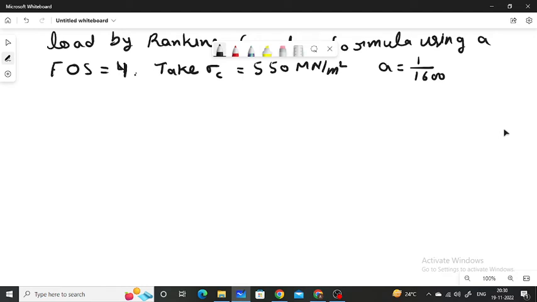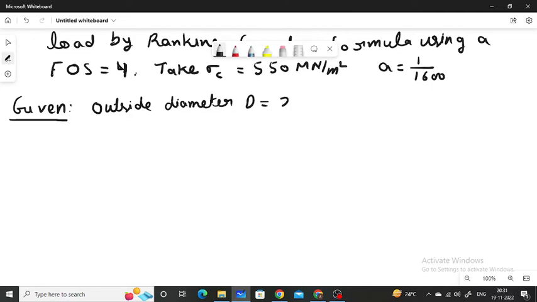Now, first of all, write down the data given in the numerical. First of all, outside diameter capital D is equal to 200 mm or 0.2 meters.